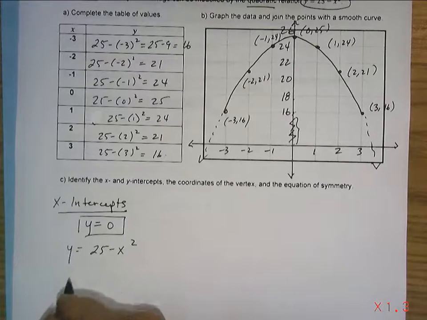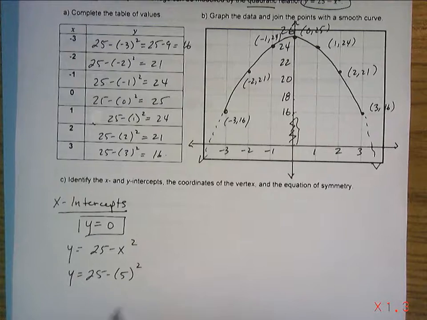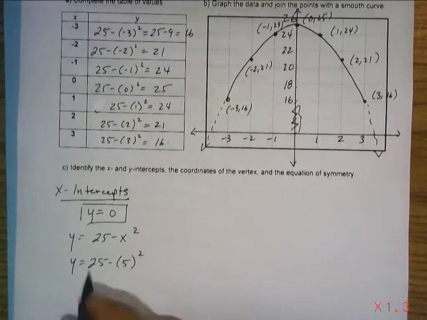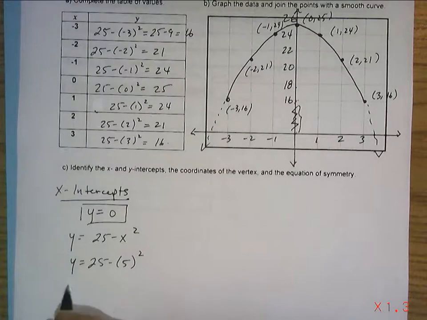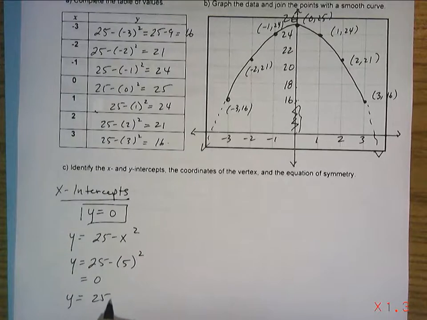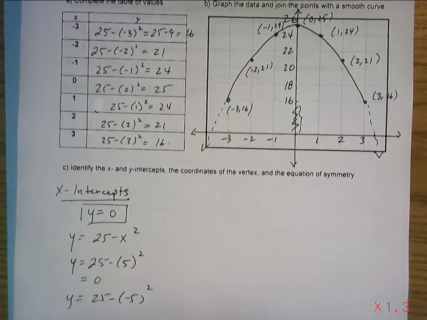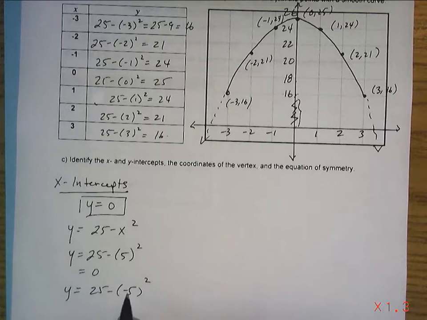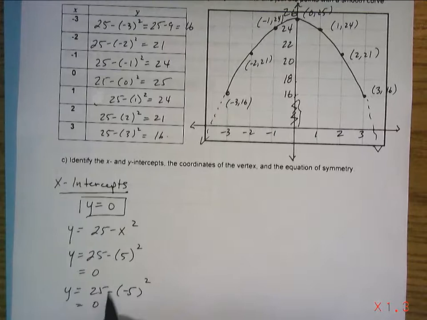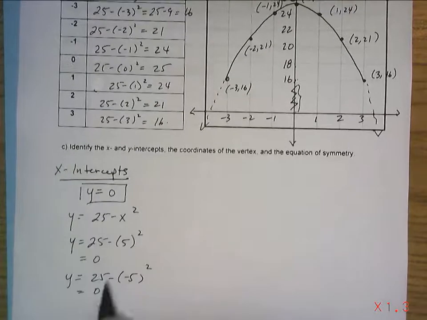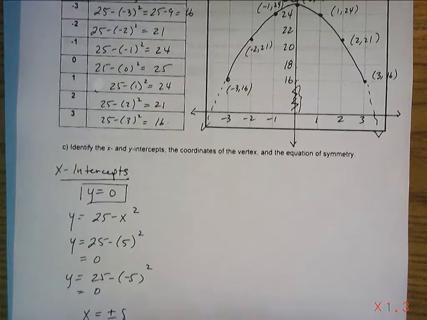So it is very true that if I put 5 in for x, then I'm going to get 0. Now, that's a positive 5. It's also true that if I put in a -5, -5 times -5 is positive 25. So 25 minus positive 25 is 0 again. So my two x-intercepts using this method are going to be x equals positive and -5.